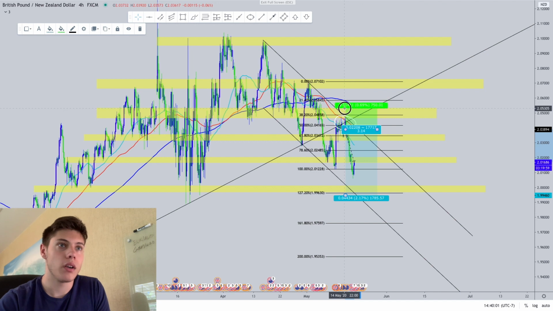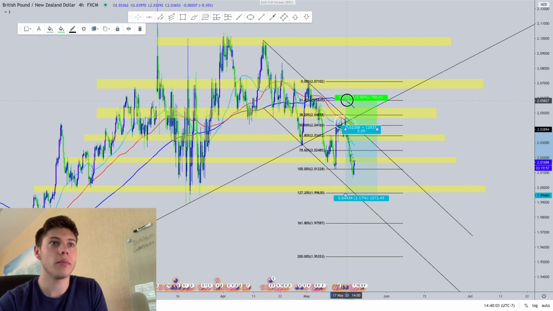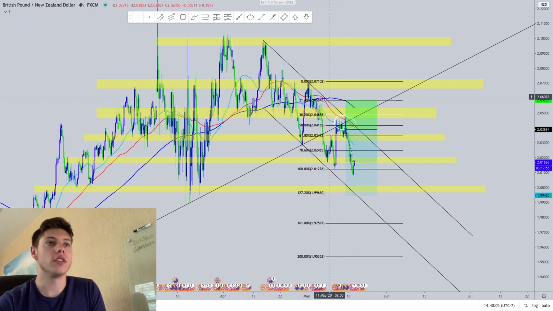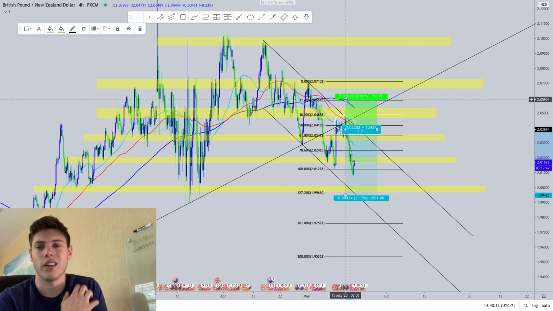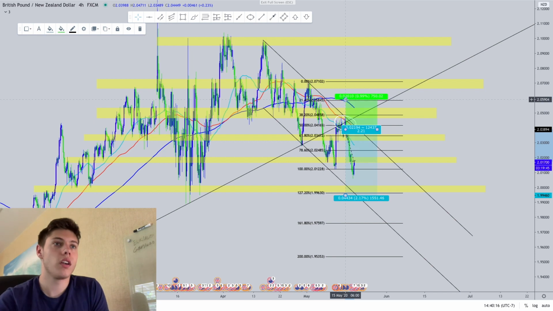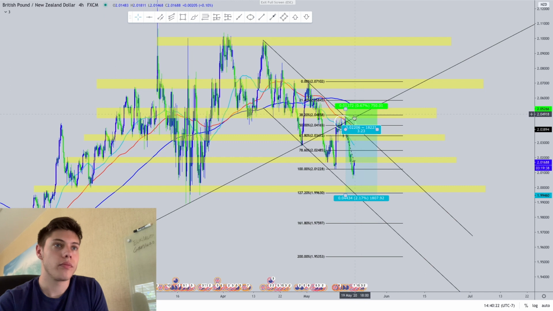So my stop, I would have liked to put above this 200 moving average just to be safe, but that was almost 200 pips, so that didn't make much sense. So I just put it right above this key level, so like a 130 pip stop roughly.